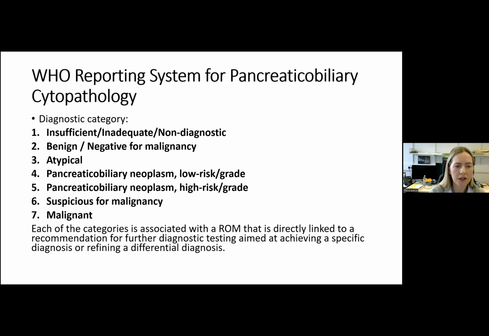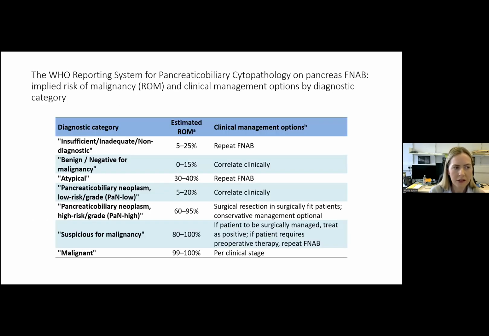What I would like to do is briefly explain that the diagnostic categories, through lots of meta-analyses and studies, are associated with an estimated risk of malignancy, and that ultimately determines how we manage patients. For example, in the atypical category, with a 30 to 40% risk of malignancy, the patient would need a repeat FNAB.